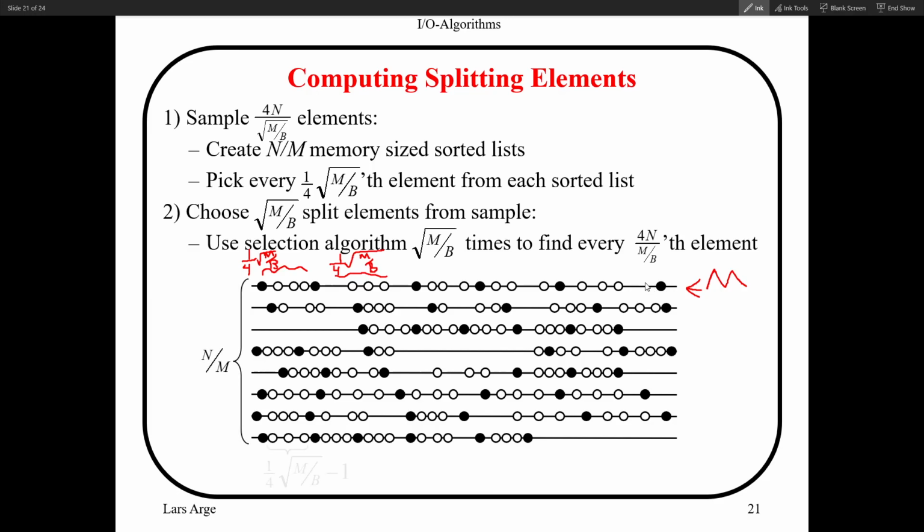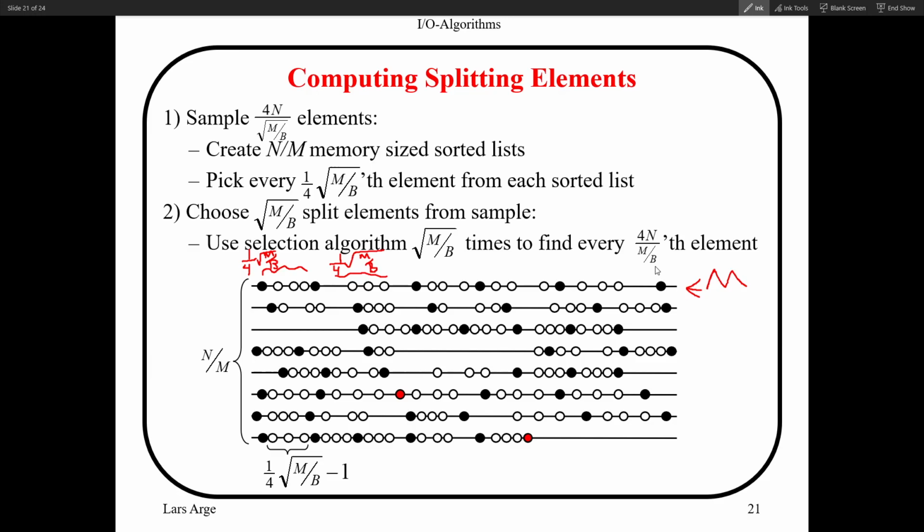Let's represent these by these red elements. So these red elements are the split elements that I found from the black elements.